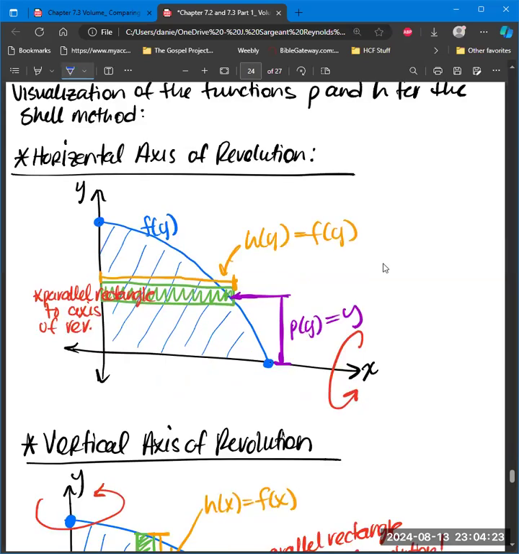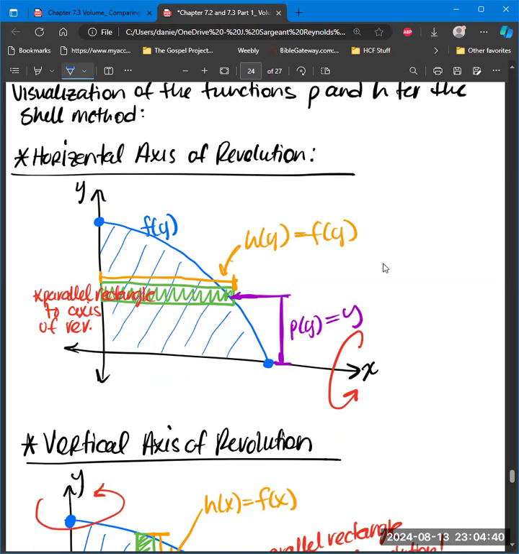So let's look at this visualization of the functions p and h for the shell method for a horizontal axis of revolution, like the x-axis here.